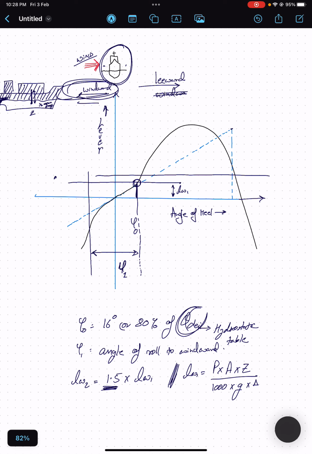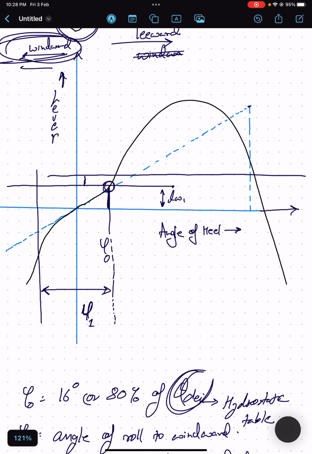Now as we can see, this LW2, which is 1.5 times LW1, cuts our graph at two places, number 1 and this is number 2. Now this number 1 is known as the angle of heel caused by gust wind, first intercept. One has intersected here and another one here. Angle of heel caused by gust wind.